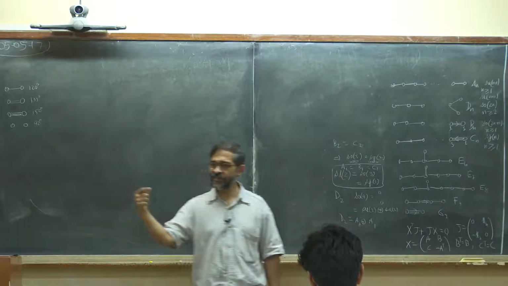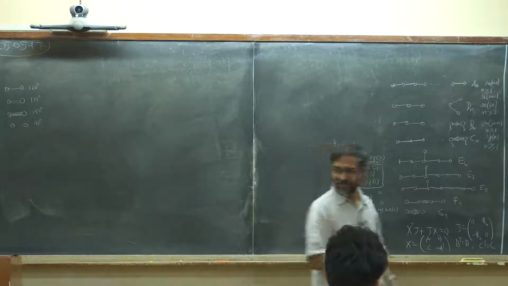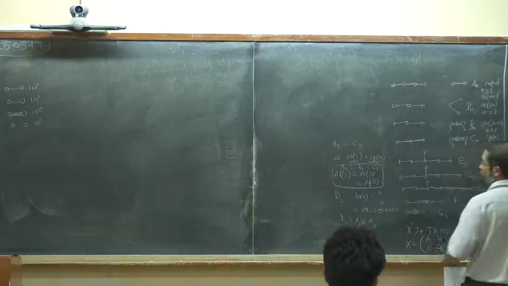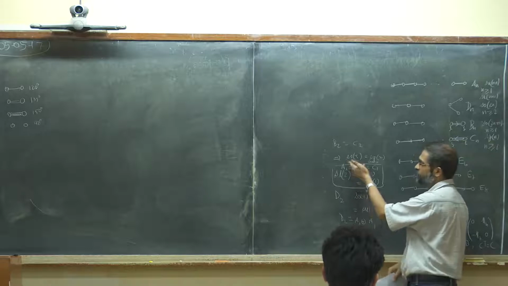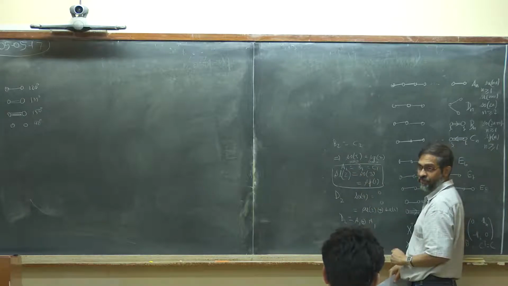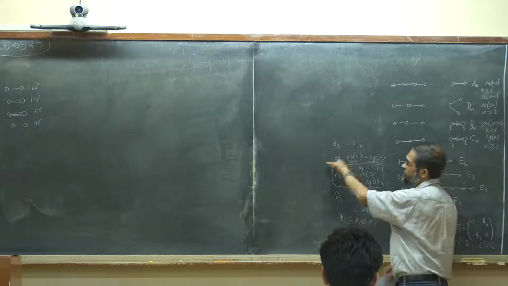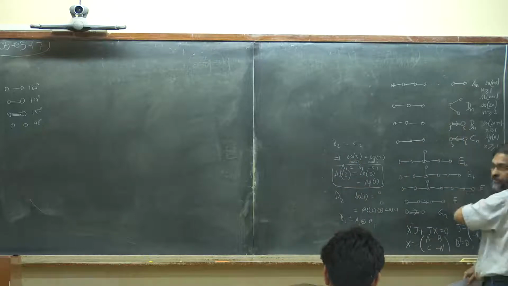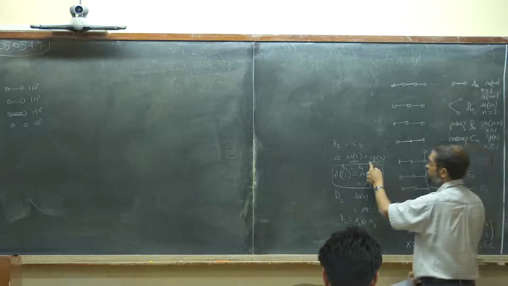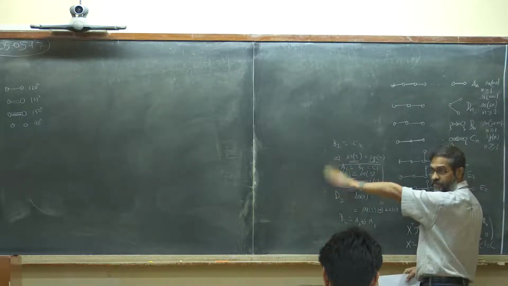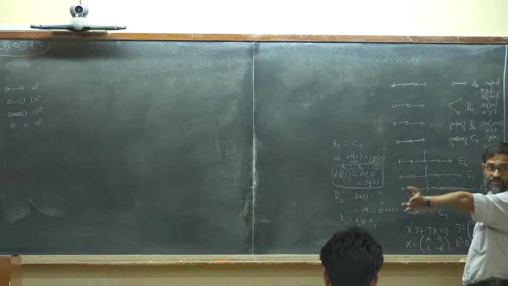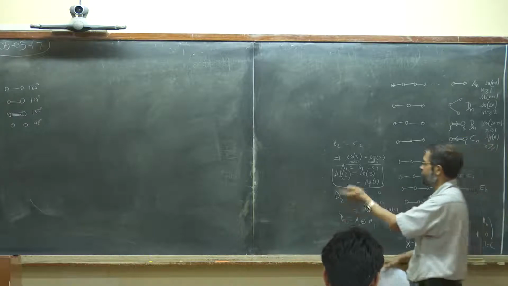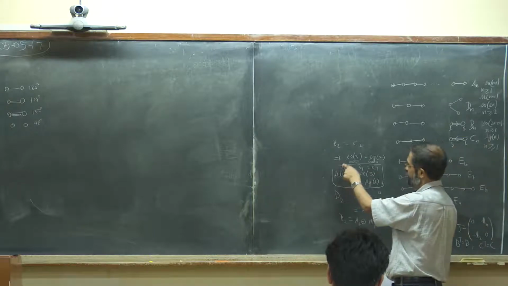Unless there are other blobs connecting to these things, there is no way to distinguish between this and that. So if there are other guys here, then you can say that it is of this kind. And if there are other guys here, then everybody else would be heavy, or long.